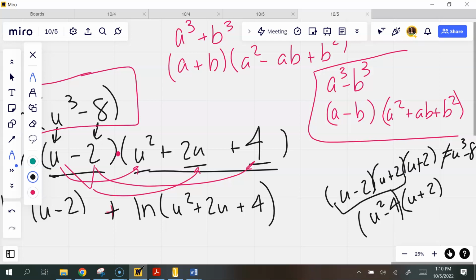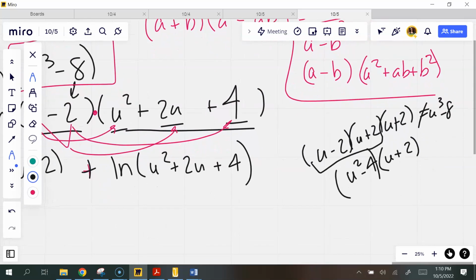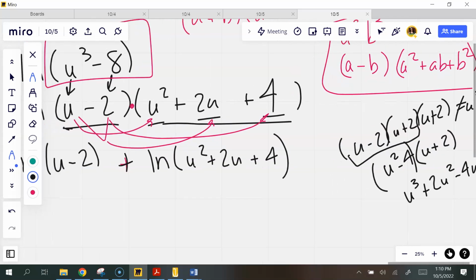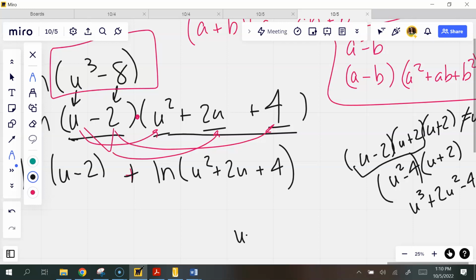You're very confident that you think this is going to work. Because u minus 2 to the third does not equal u cubed minus 8. You can only distribute exponents inside if you're multiplying or dividing, never when you add or subtract.